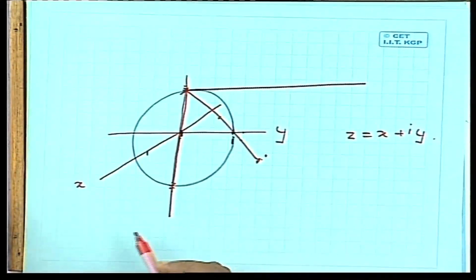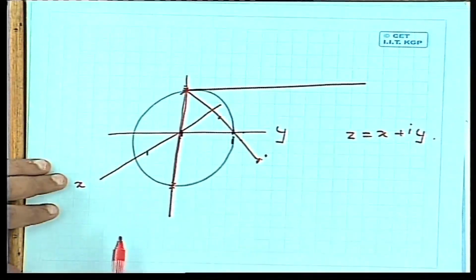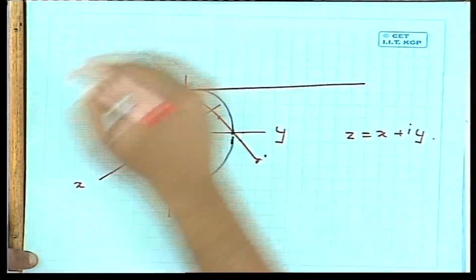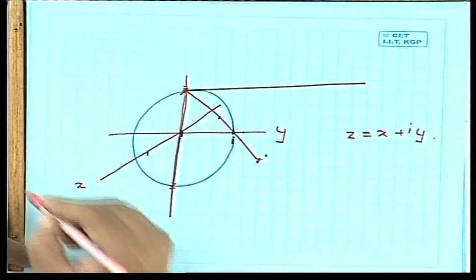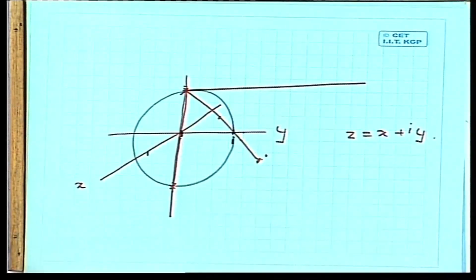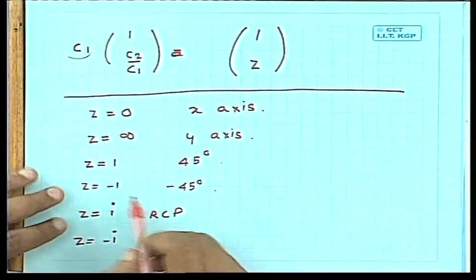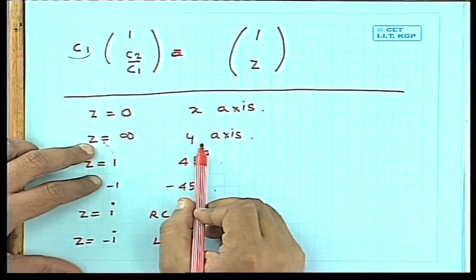So you see, the polarization states of light are actually not the full complex plane, but all the points on the complex plane with all the points at infinity identified with one point, because all the points at infinity represent only one polarization state.